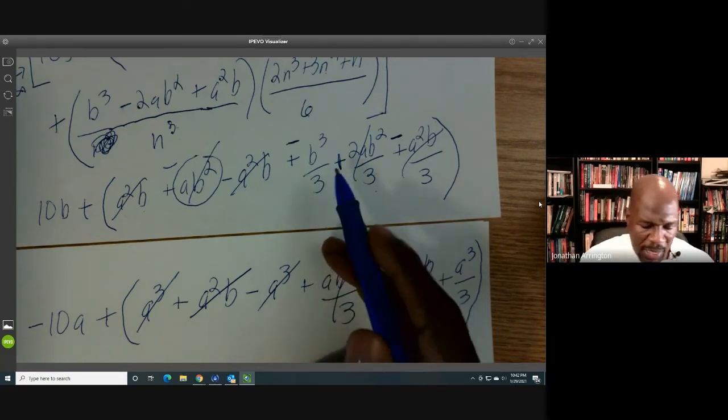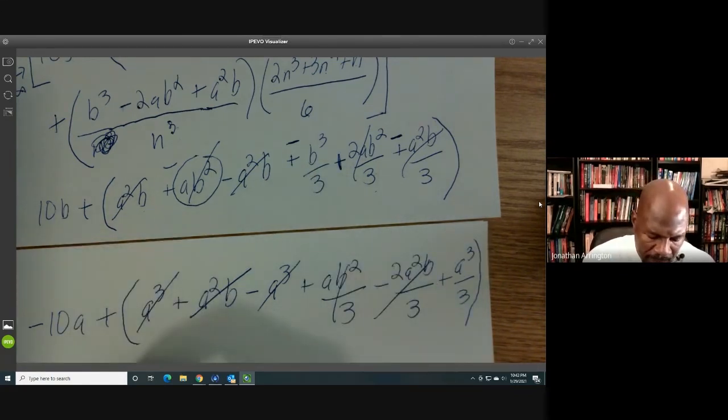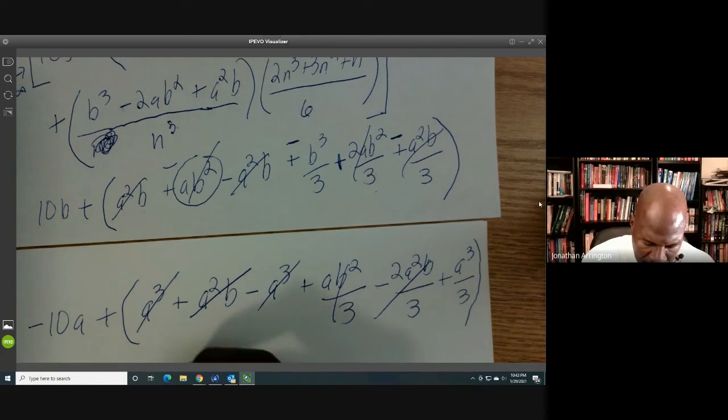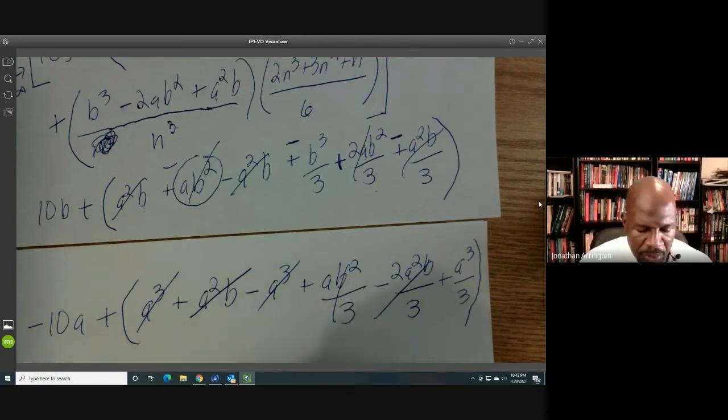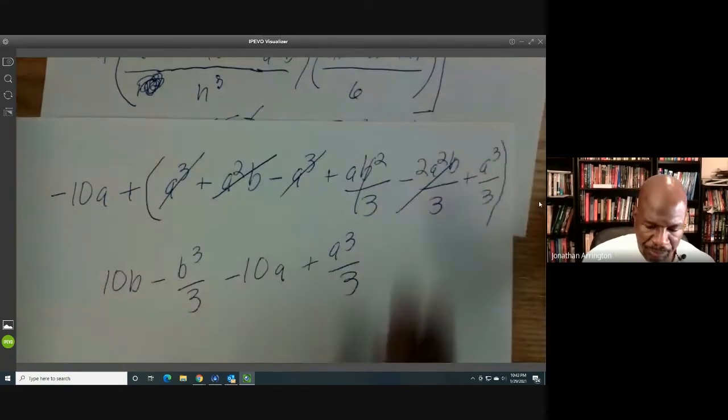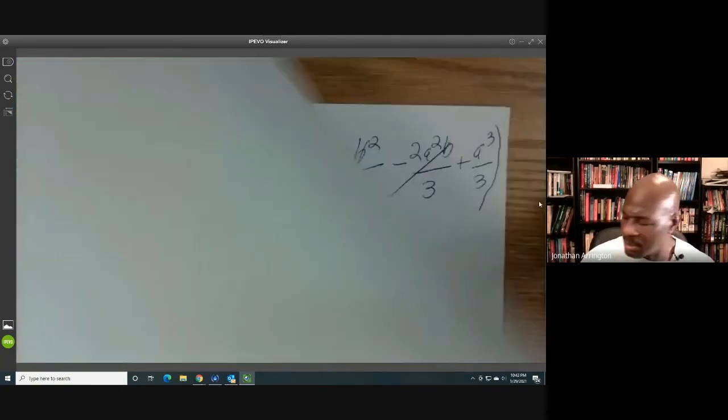So let me write what I have left. So I have 10b minus b cubed over 3 minus 10a plus a cubed over 3. All right. Now we're getting somewhere.